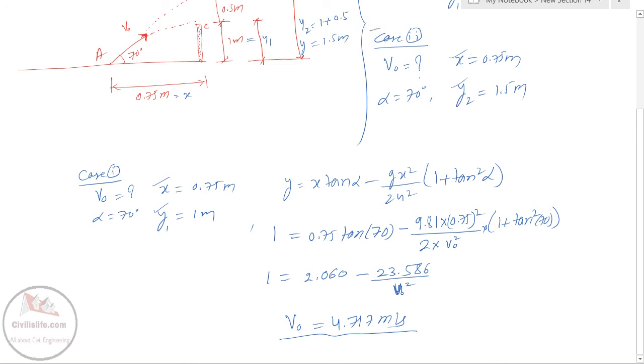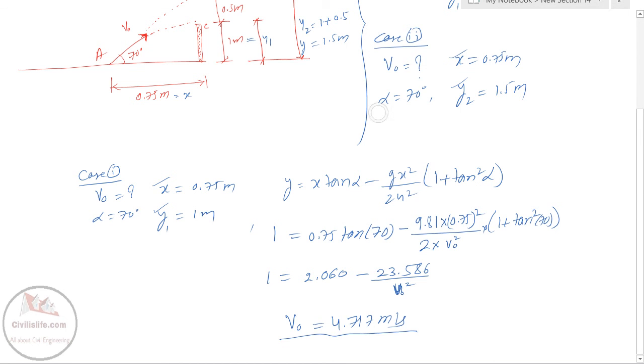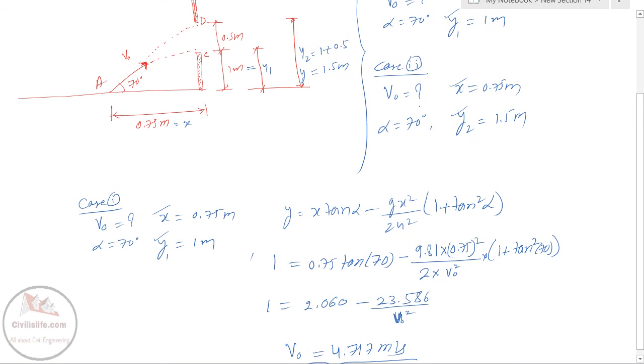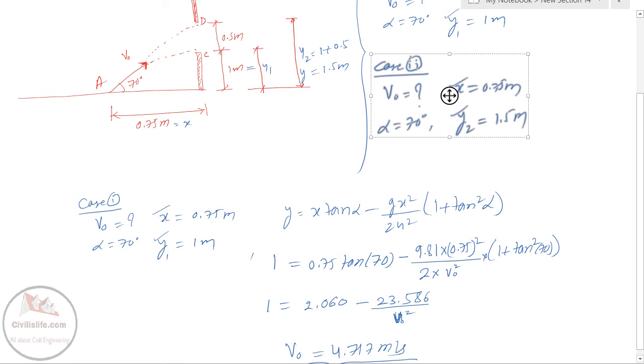Then let's find the another velocity for which the water is going to enter the opening CD. So I am copying the case 2 data.